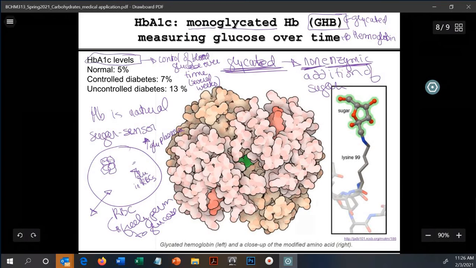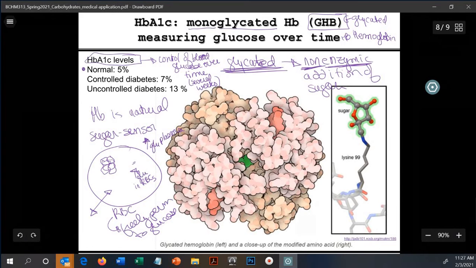If you're dealing with someone who's a diabetic and you want a good idea of how well they're controlling their glucose levels over time, HbA1c is a monitoring test that you can order.